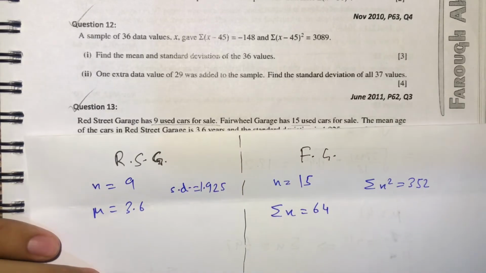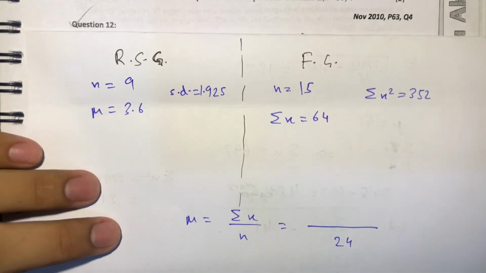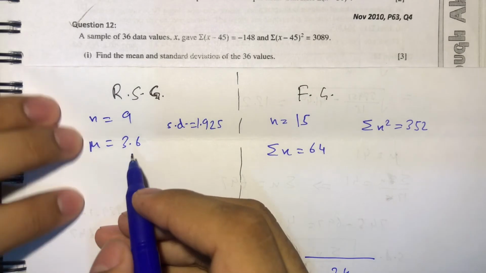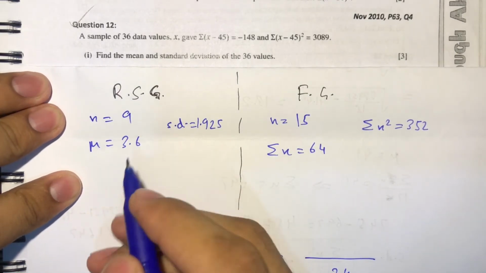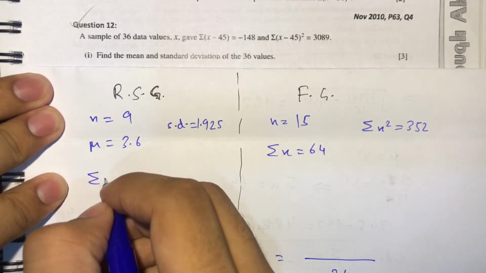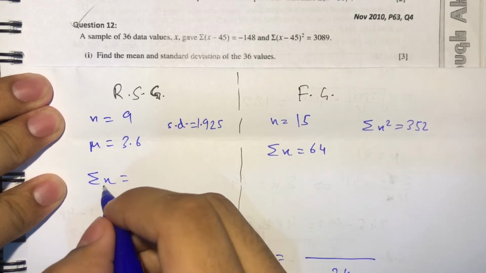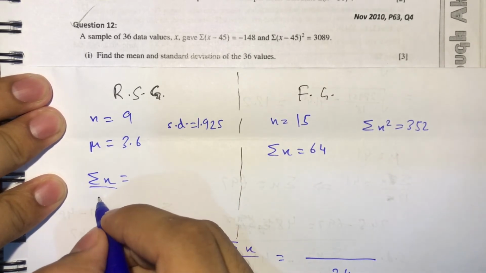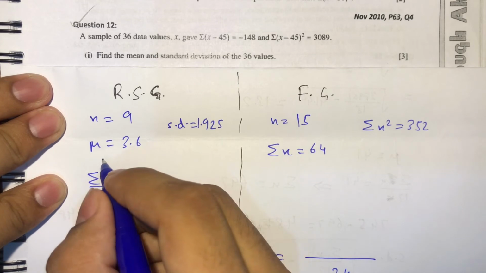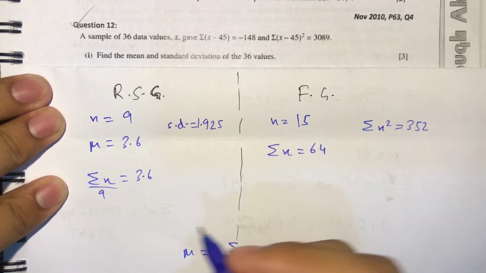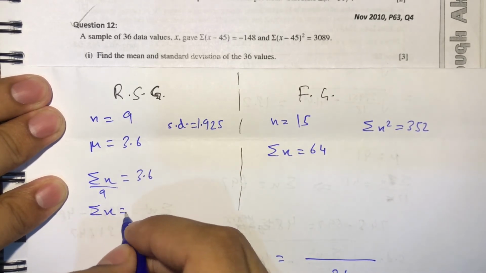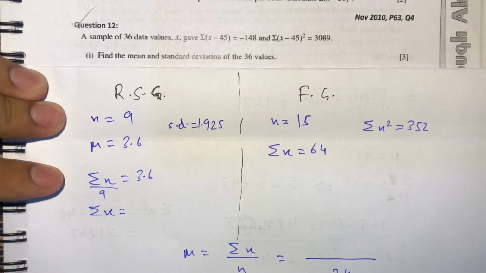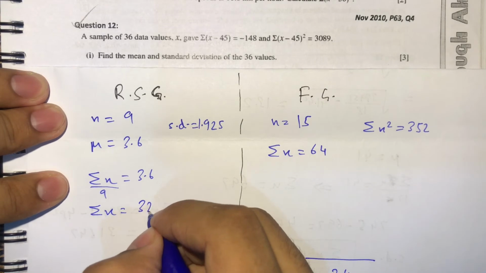The challenging part is finding sigma x, so it's 2 marks, right? Now first, using this, I'll find the total age of cars in Red Street Garage. So basically I need to find sigma x of Red Street Garage. Sigma x upon n, upon 9, will be equal to the mean, that is 3.6. This is the formula for mean. So we get sigma x as 3.6 times 9, that is 32.4.